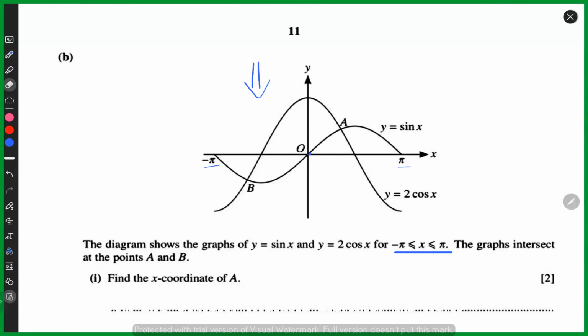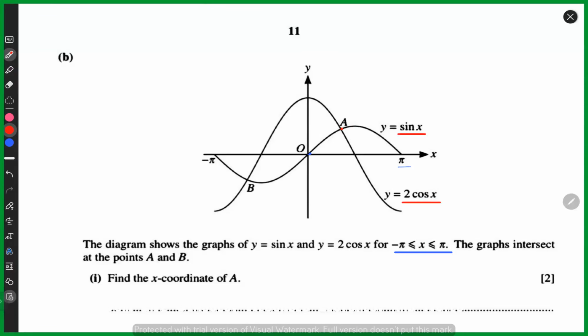Okay. Let's understand the situation now. Where is A? This is A. And you have been asked to find the x coordinate of A. So we have two curves. The equation of the first curve is y equals sine x. The equation of the second curve is y equals 2 cos x.